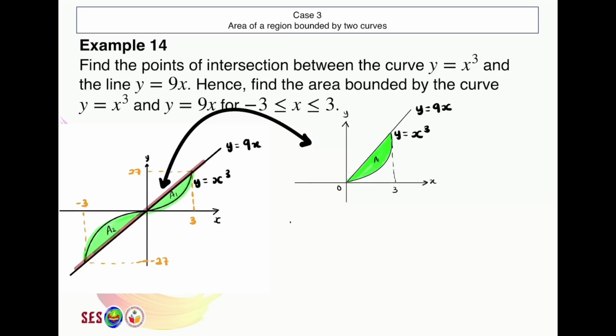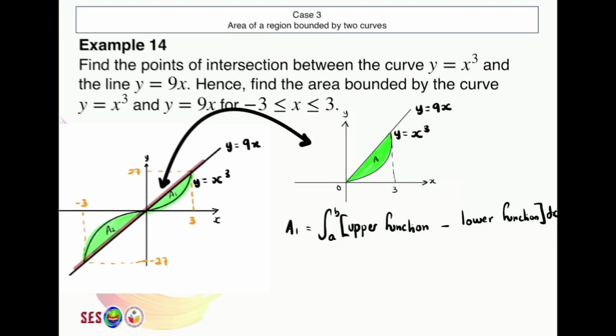So area 1 will be equal to the integral over the interval a to b of the upper function minus the lower function, integrated with respect to x. Just like we have learned before, our interval will be from 0 to 3. Our upper function will be y equals 9x, and our lower function will be y equals x cubed.